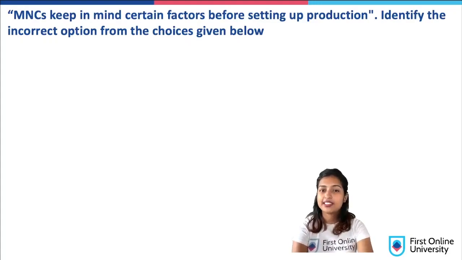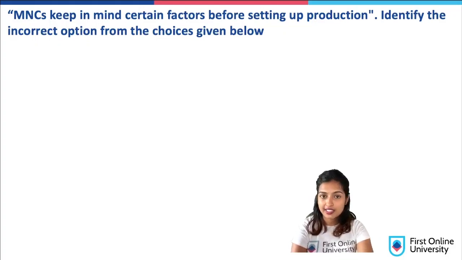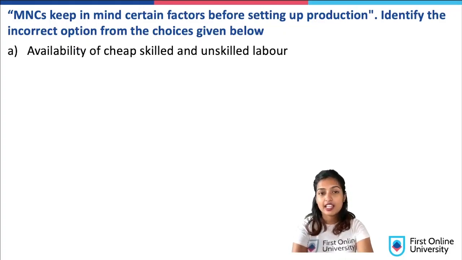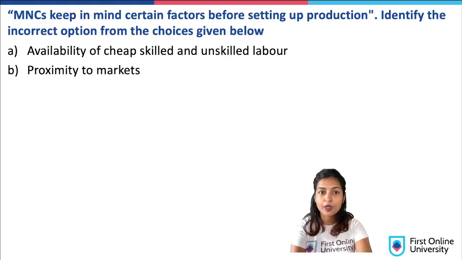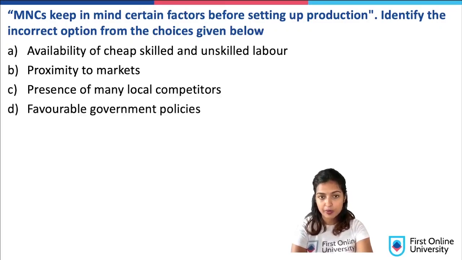MNCs keep in mind certain factors before setting up production. Identify the incorrect option from the choices given below. A, availability of cheap skilled and unskilled labor. B, proximity to markets. C, presence of many local competitors. D, favorable government policies.